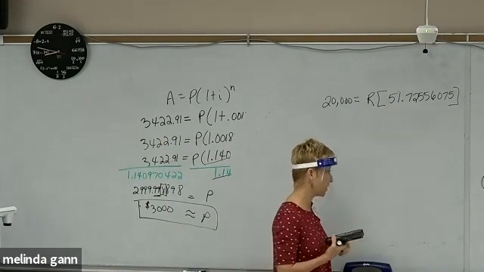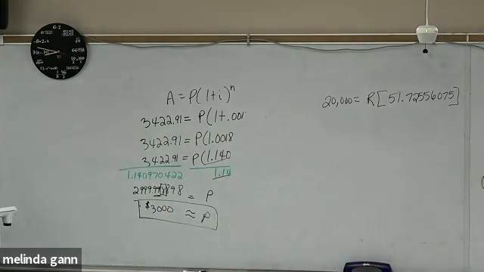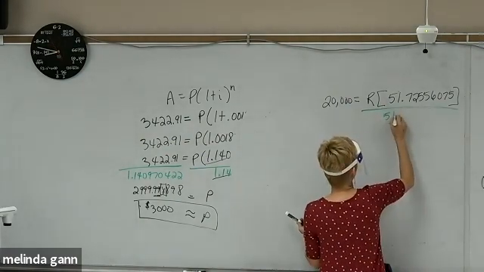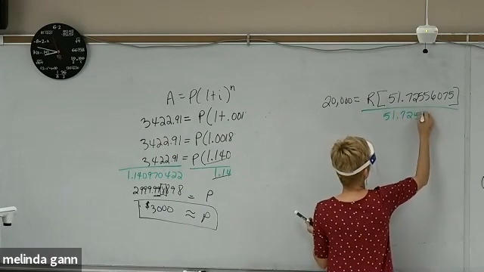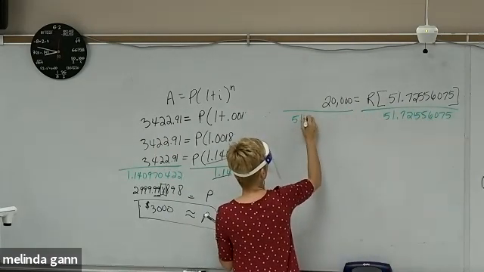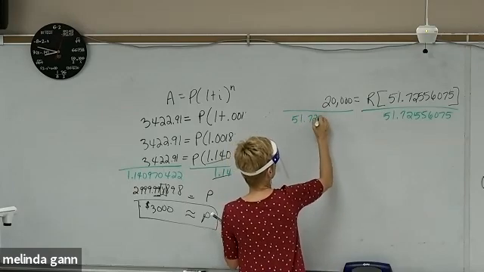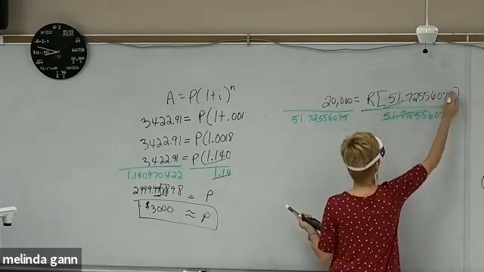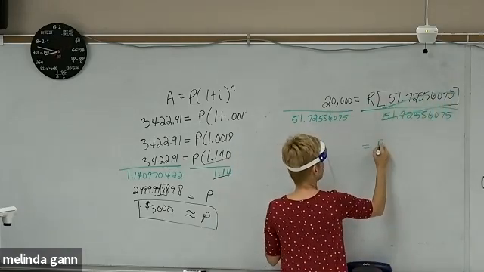I'm going to have to divide both sides. I'm going to divide this side by that 51 number, and divide this side by that 51 number. So those two go out. Does everybody understand? On the right side, I've just got R left.